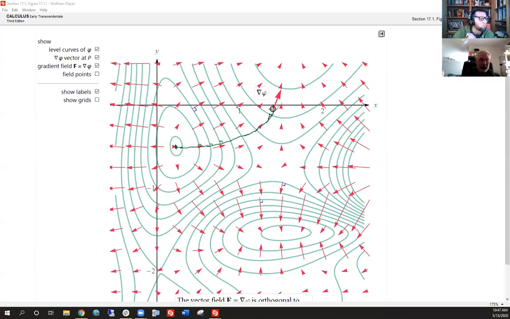And you can imagine that if water was flowing, it would flow the reverse direction of this, right? Flow downhill, steepest descent, presumably. And so these curves have a name to them. So these are called the equipotential curves.